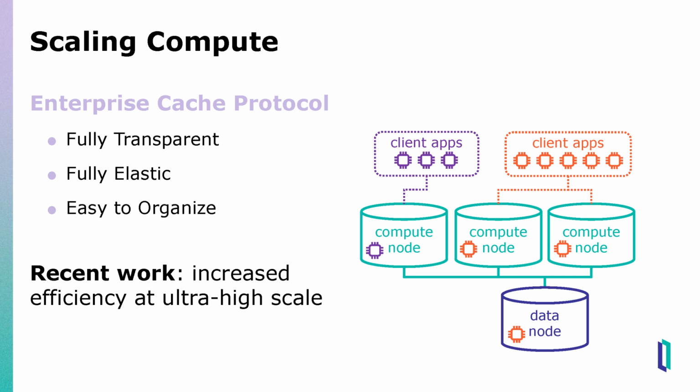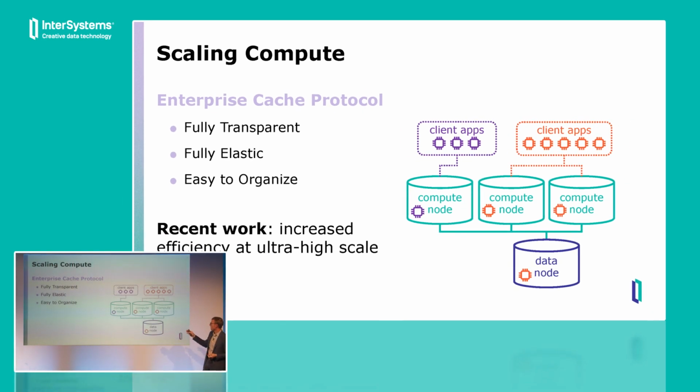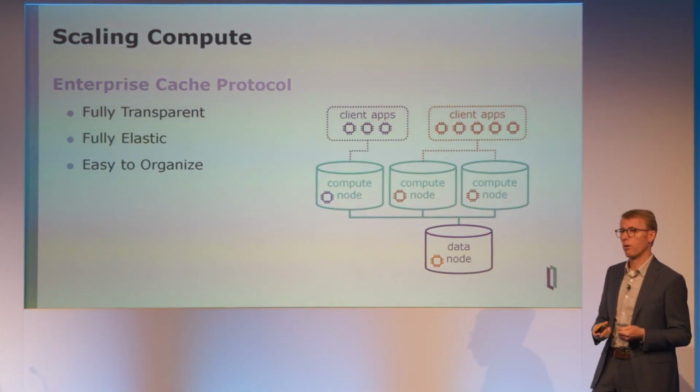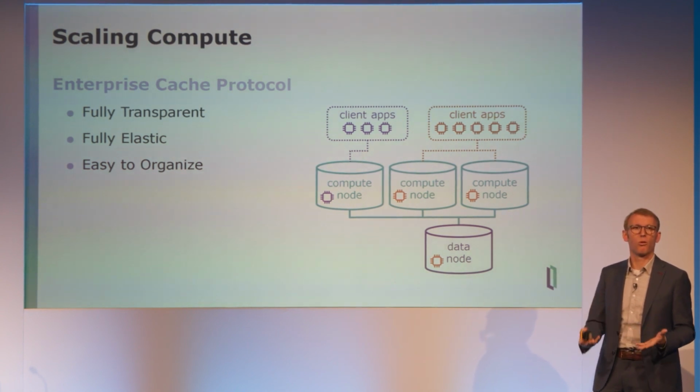Spreading that workload means you can also organize your workload. Our longtime partner Epic makes heavy use of ECP for their big deployments, and increasingly they're deploying one set of compute nodes to support the user workload, and a separate set of compute nodes deployed as utility servers.